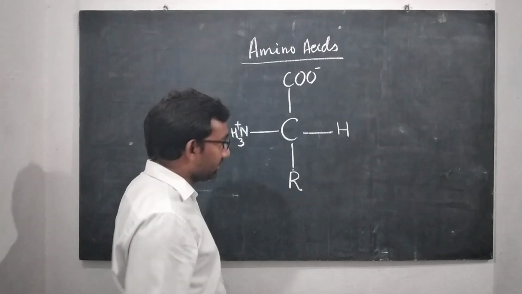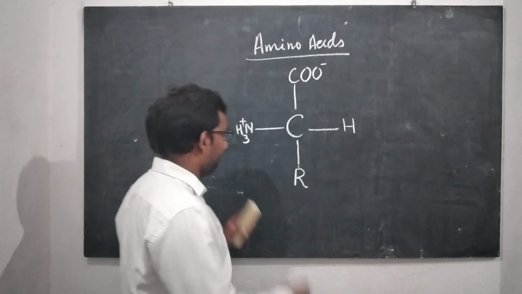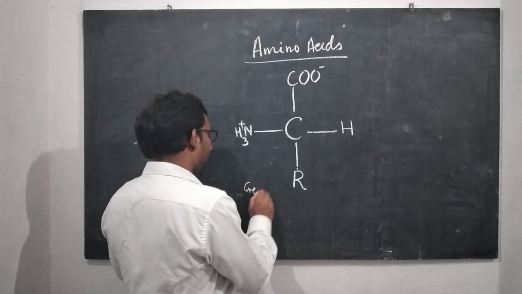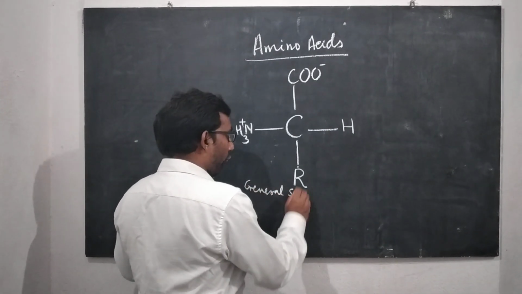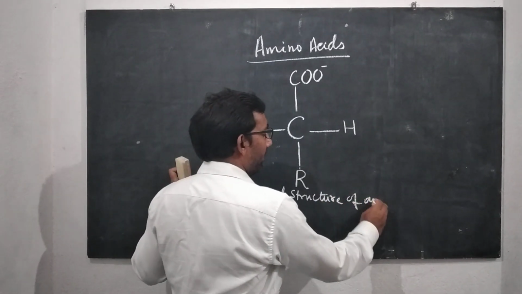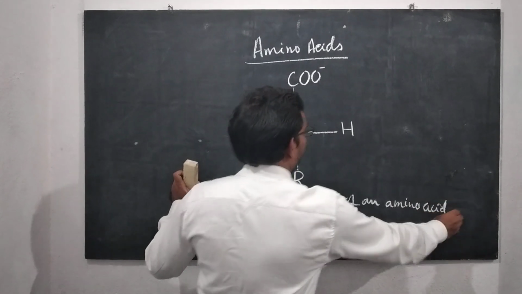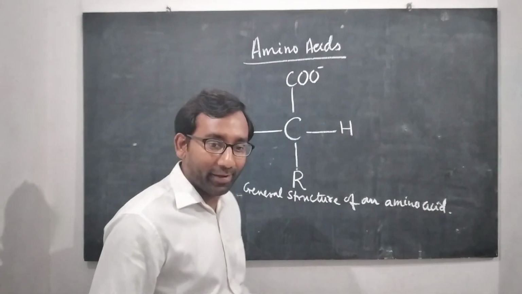So this is the general structure of an amino acid. What is the general structure of an amino acid?